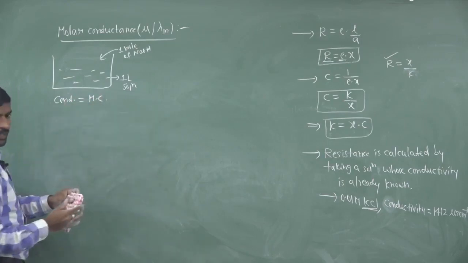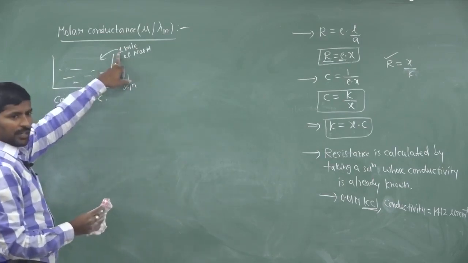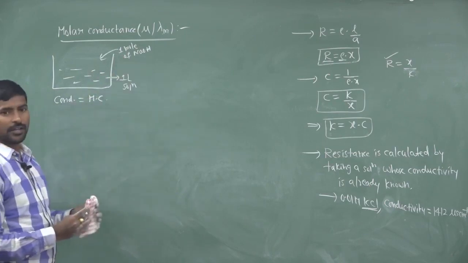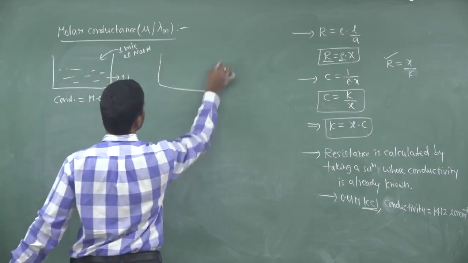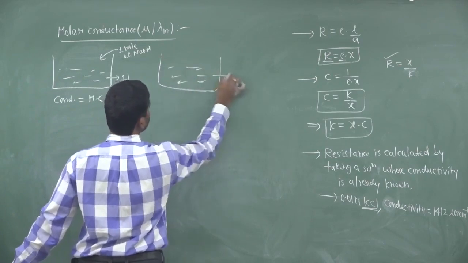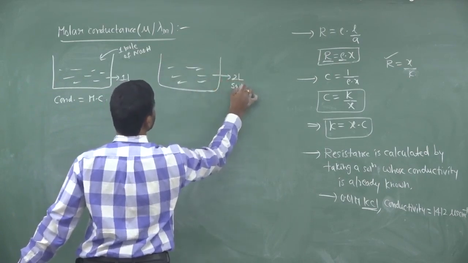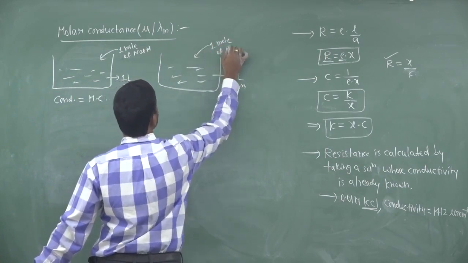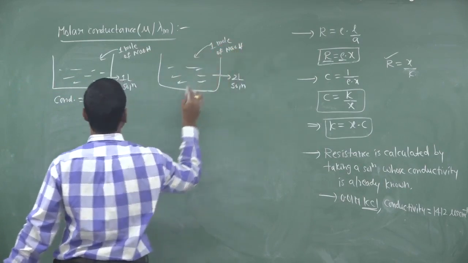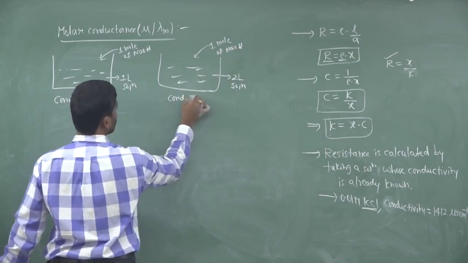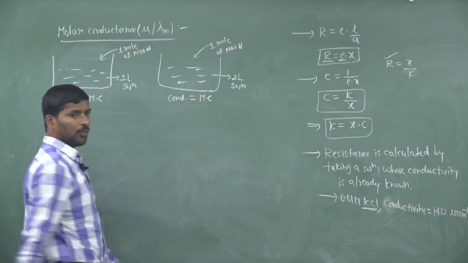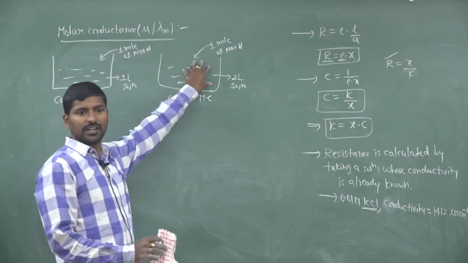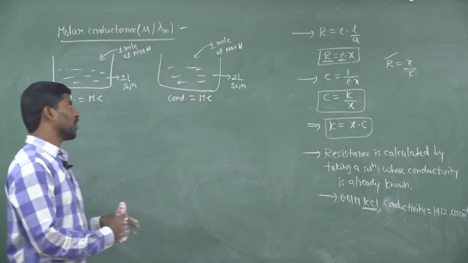Molar conductance, since this solution contains 1 mole of electrolyte. Now for example, I am taking 2 liter solution that also contains 1 mole of NaOH only. What is its conductance called? Molar conductance. The conductance shown by this solution is also called molar conductance.